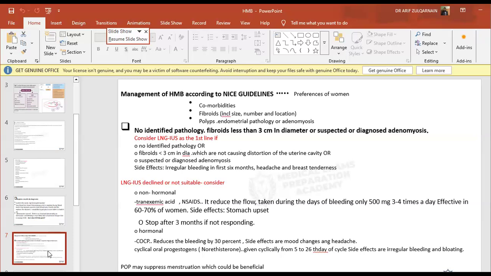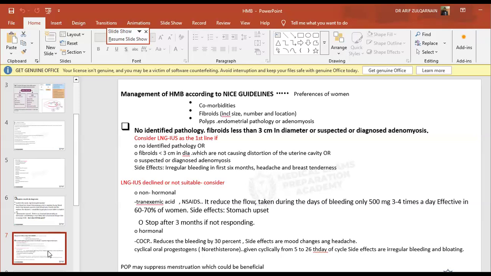First line option in this case is LNG intrauterine system, that is levonorgestrel intrauterine system, or Mirena. If she is having no identified pathology and the fibroid is less than 3 centimeter, which is not causing distortion of the uterine cavity, or she is having suspected or diagnosed adenomyosis, then the first line is levonorgestrel intrauterine system.